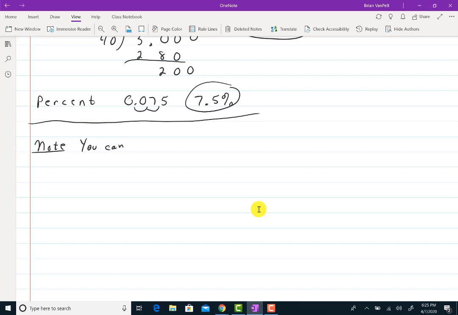You can convert fractions to percents directly by using proportions.